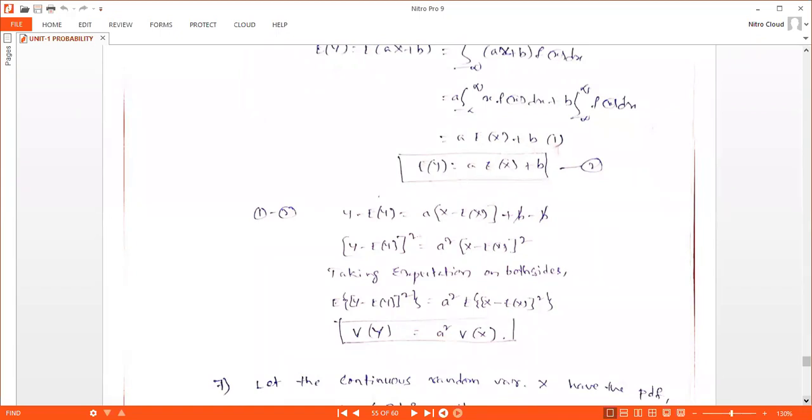So expectation of y minus expectation of y whole square is equal to a square into expectation of x minus expectation of x whole square. On the left hand side, you can observe that the value is variance of y. Right hand side, a square into variance of x.